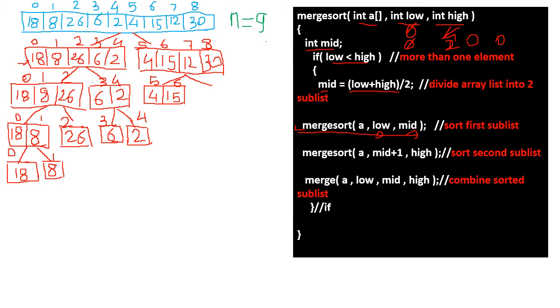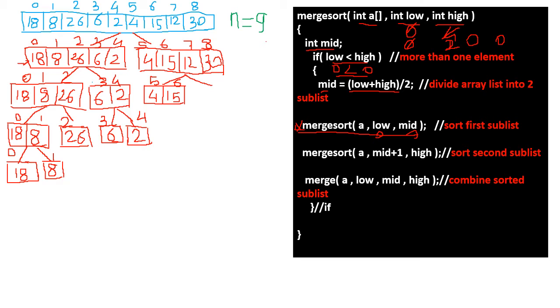Then check whether low, that is 0, is less than 0. No, this condition is false. 0 is not less than 0. That's why this first merge sort recursive function is terminated here.